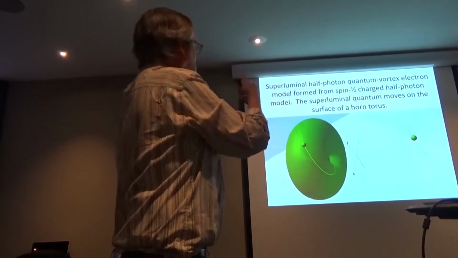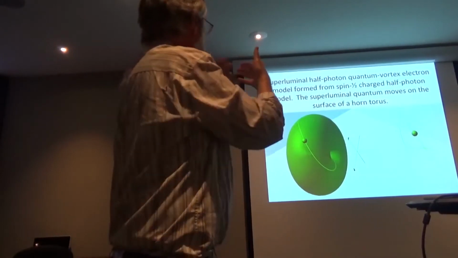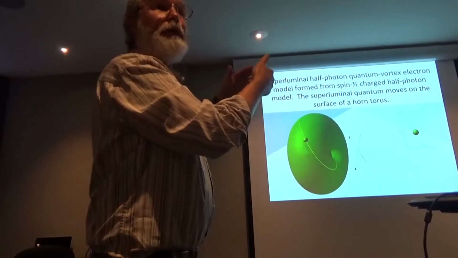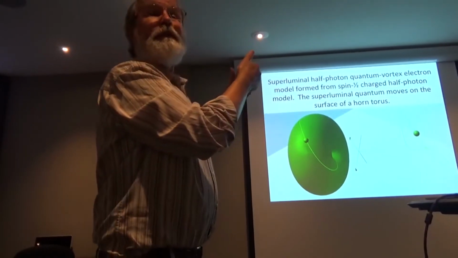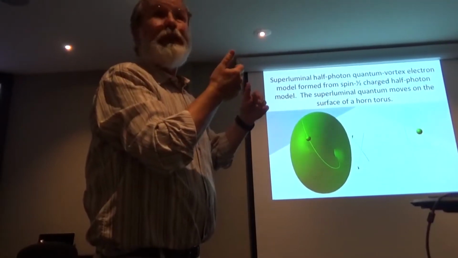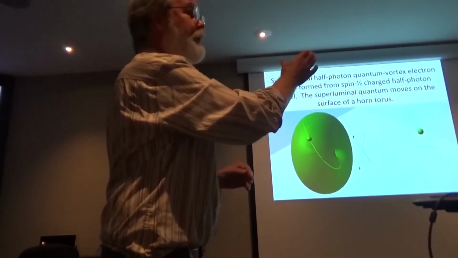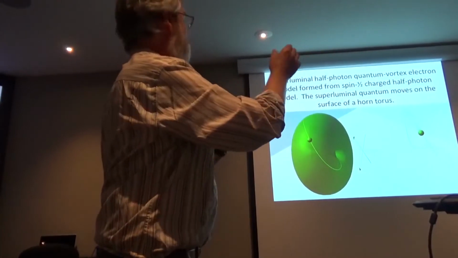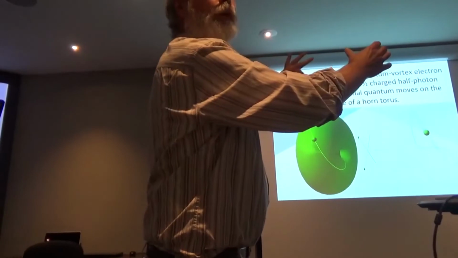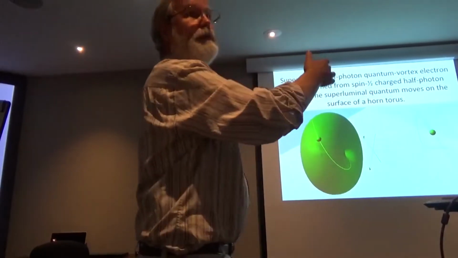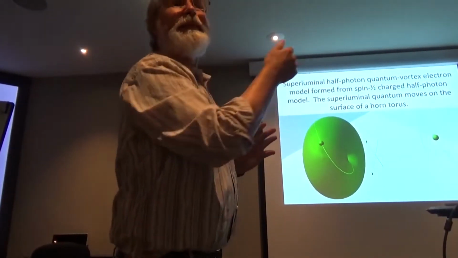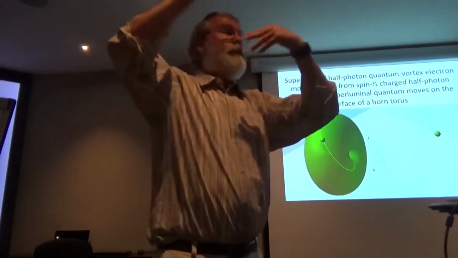Now, I found it quite interesting that a 2 mc squared photon has the frequency of the Zitterbewegung frequency of the electron, because it's 2 mc squared. The half photon has half of that energy, but the frequency of the half photon is the same as the frequency of the photon because they're both going together.